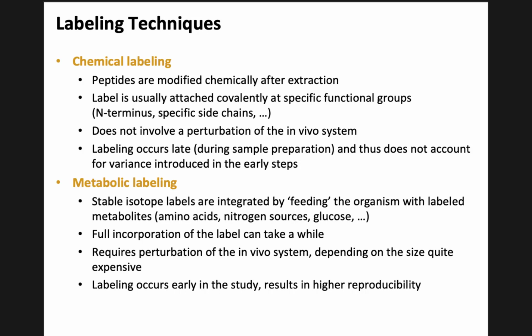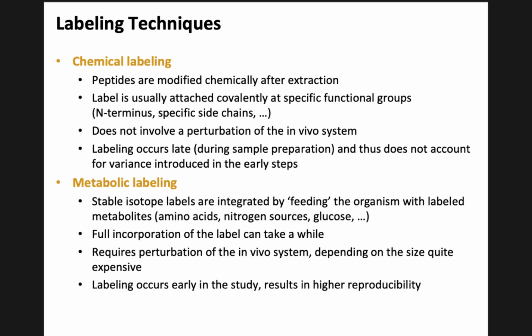The other option is metabolic labeling, where stable isotopes are integrated by feeding the organism with labeled metabolites, either amino acids or nitrogen sources or glucose. And as you can imagine, that means that all the proteins need to be turned over. So it takes a while until every amino acid and every protein in cell culture has been replaced by the stable isotope variant. Also, it introduces a perturbation to the in vivo system, because while these isotopes are chemically the same, they are not exactly the same.